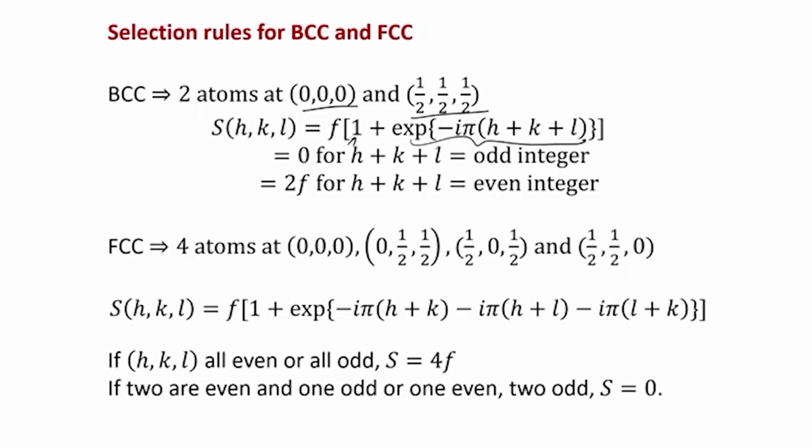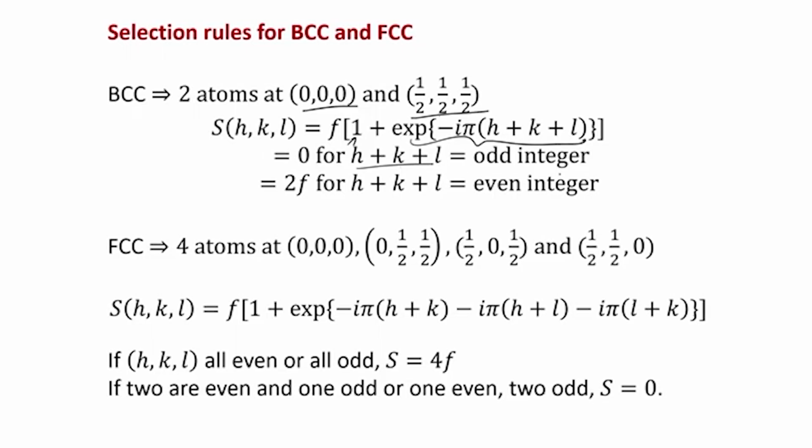Now you see that there is an exponential of minus i pi (h plus k plus l), where h plus k plus l is an integer. If it becomes an odd integer, then this will cancel the 1 and we get 0, the structure factor equal to 0, which means there will be no scattering peak in the spectrum because S is equal to 0. That will happen when h plus k plus l is an odd integer.